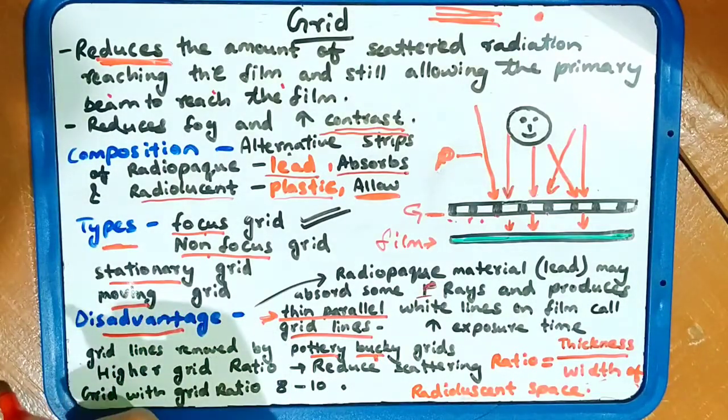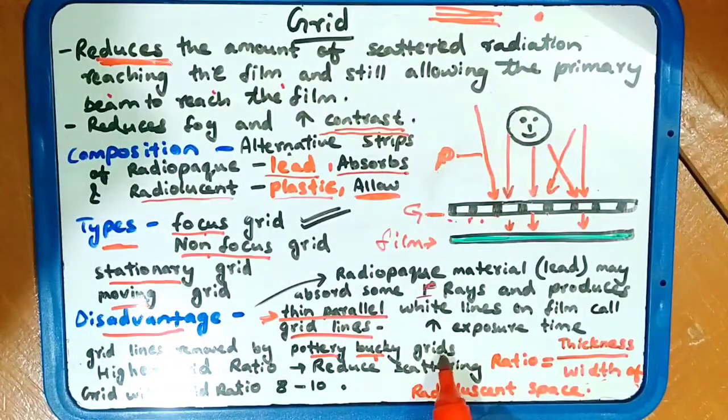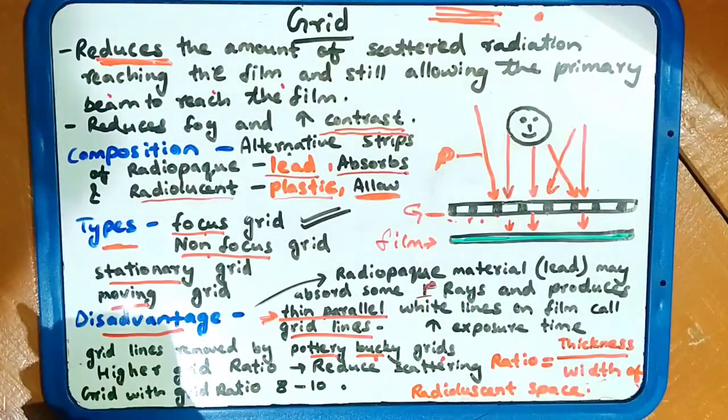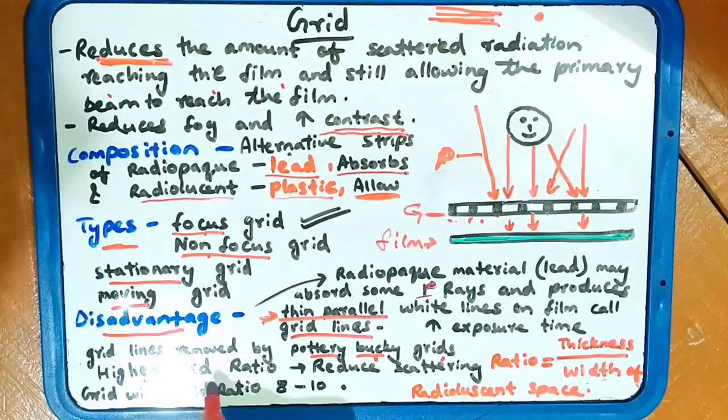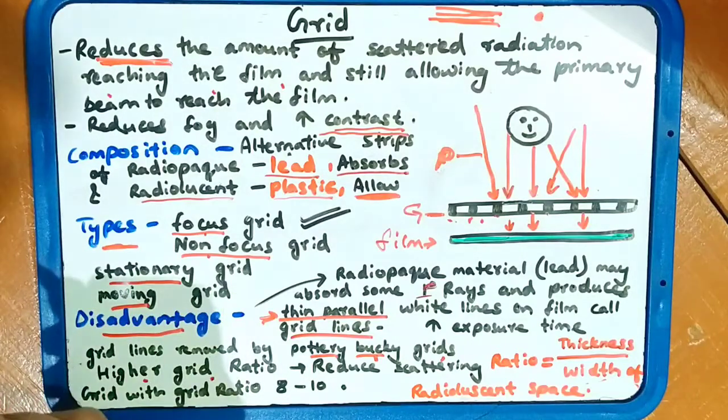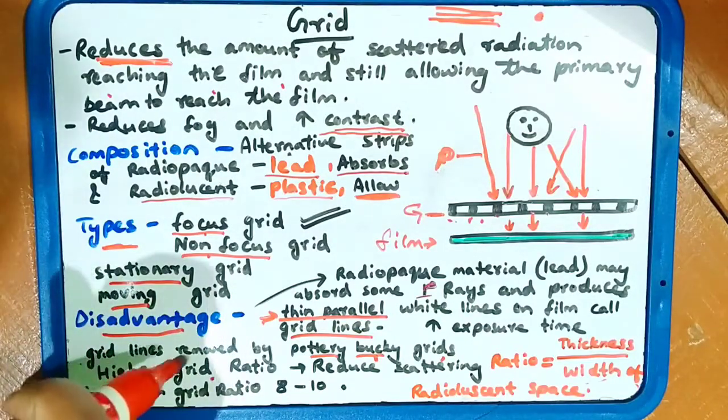Okay, higher grid ratio. The higher the grid ratio, the more the scattering will be reduced.